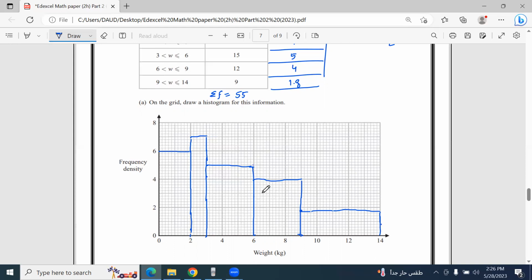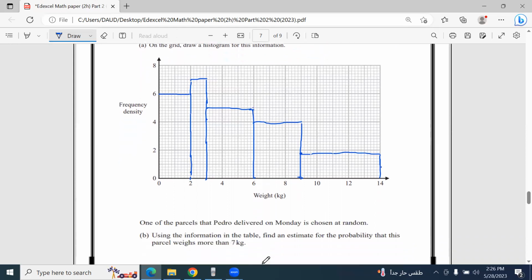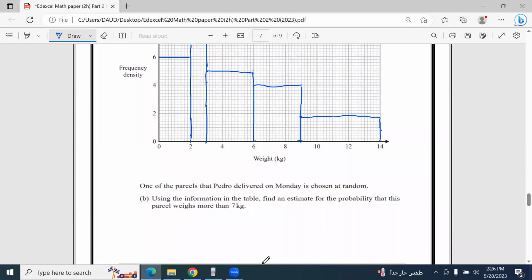Next, what they want, one of the parcels that were delivered on Monday is chosen. So remember that these are the distribution on Monday. What was the total parcels he distributed? 55. That's why I did it in the start. So using the information in the table, find an estimate for the probability that this parcel weighs more than 7 kg. So if you check, 7 is exactly between 6 and 8.